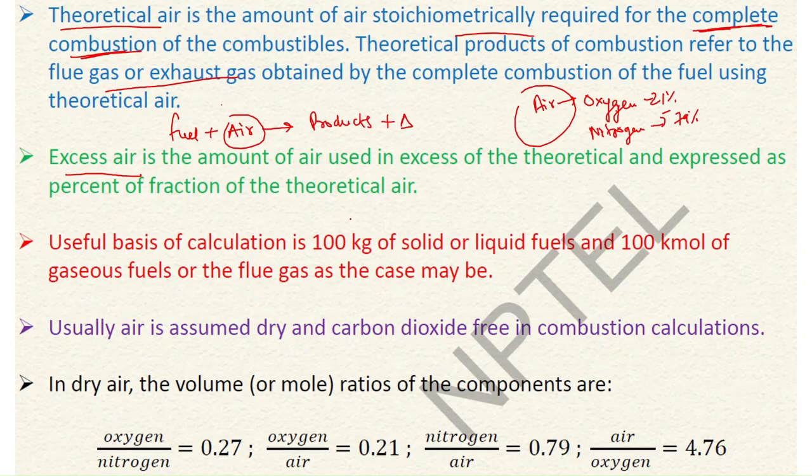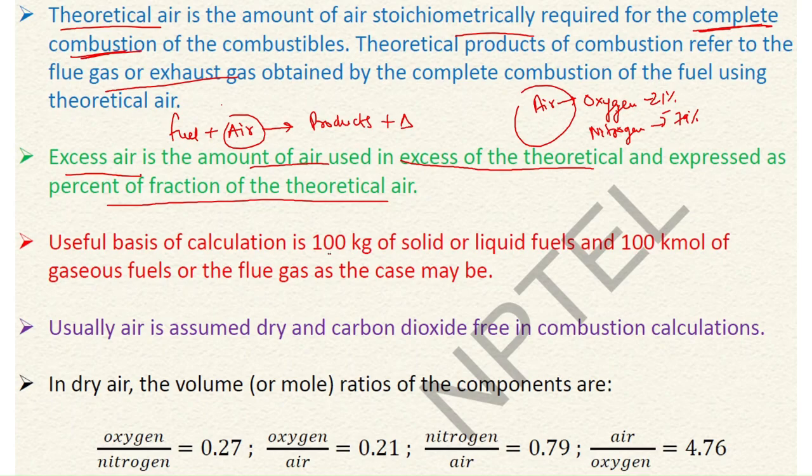So if we take the air according to the stoichiometry, the amount of oxygen will be lacking for complete combustion of the fuel. So in industries, normally more than the stoichiometric ratio of air is taken. That is called the excess air. Excess air is the amount of air used in excess of the theoretical, and expressed as a percentage of the theoretical air.